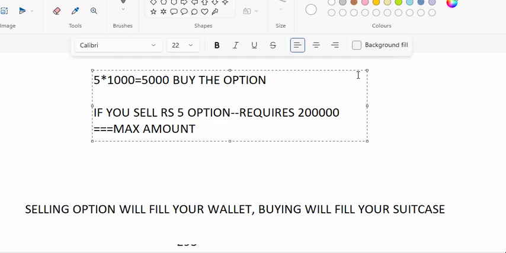What will happen? Because you're thinking you are selling now, right? You're thinking this should go down to 4, 3, 2, 1, and 0. So what is the maximum amount of profit you will have? It's only 5,000 because the lot size is 1,000. The maximum amount of profit is going to be only 5,000 rupees, right? So it's like 2.5% of return for a month.